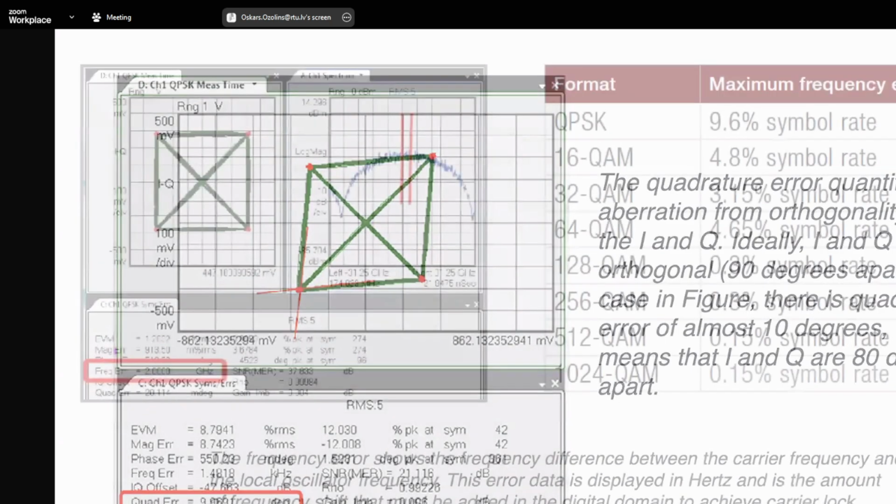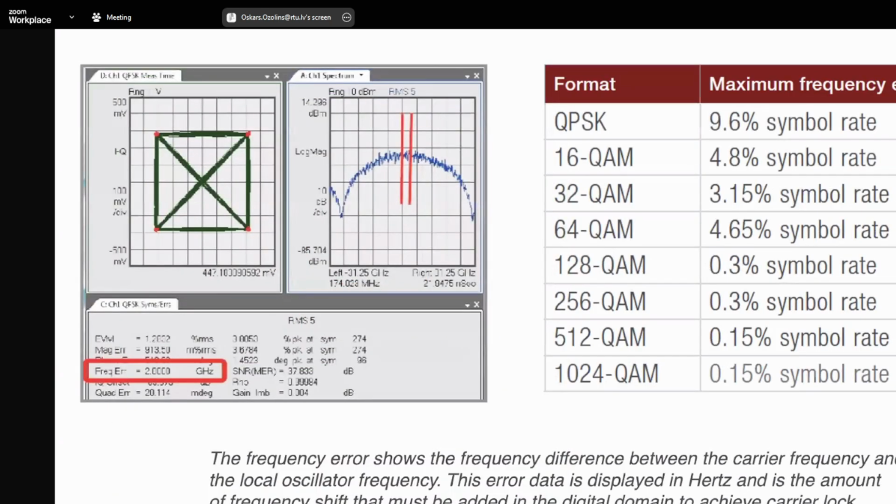Then we also have frequency errors, which is like frequency noise, and there are different maximum frequency errors that could be tolerated out of the symbol rate. If the constellation order gets higher, the maximum frequency error can be just smaller.